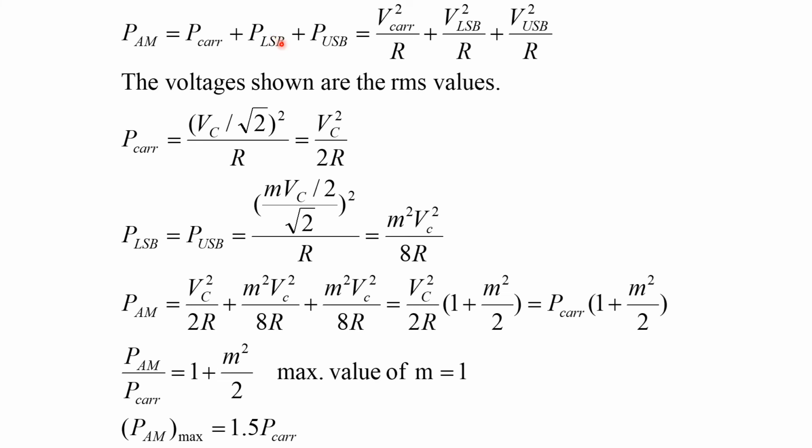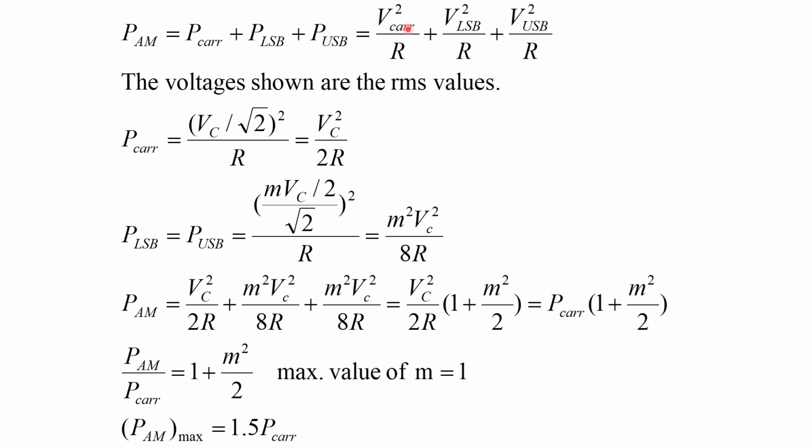The second term in the power equation will be the power contained inside the lower sideband. And the third term will be the power associated with the upper sideband. So we have to calculate the power required to carry these three components of the amplitude modulated wave.